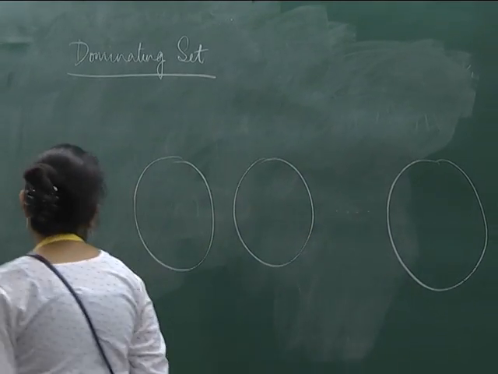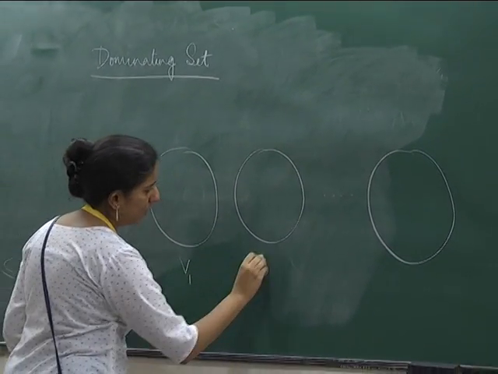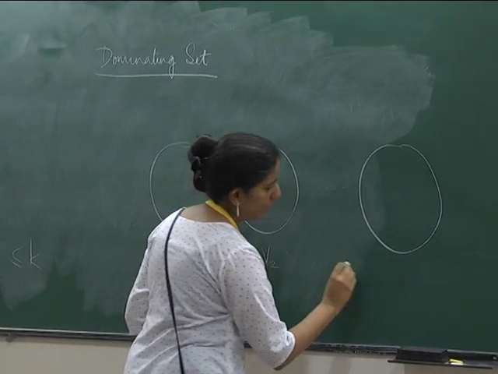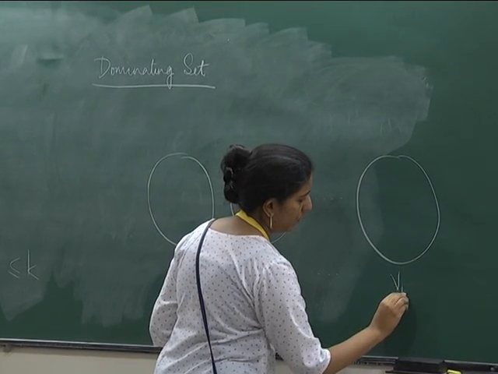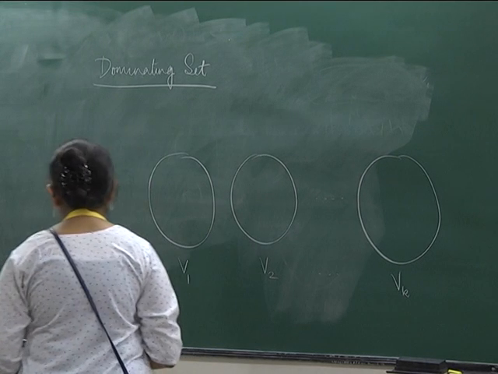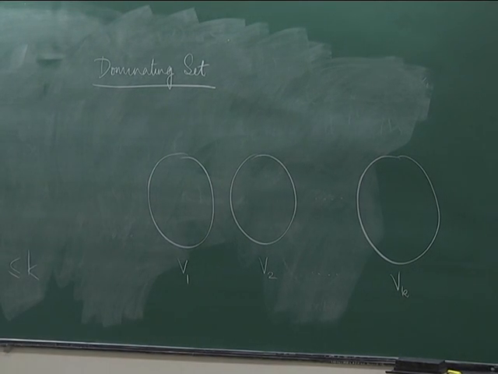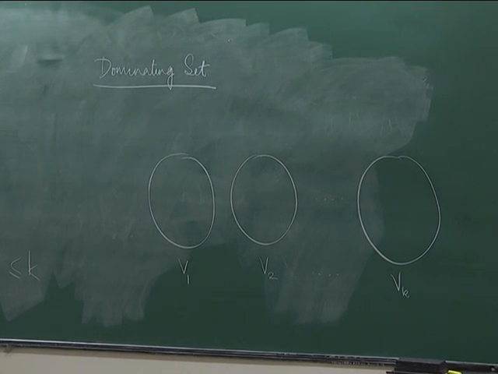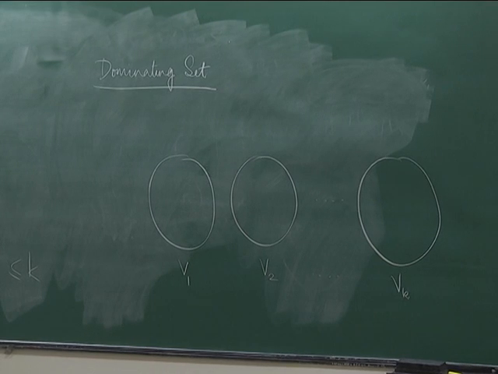So now, what do I really want? I want the independent set to somehow translate to a multicolored independent set to somehow translate to a dominating set.